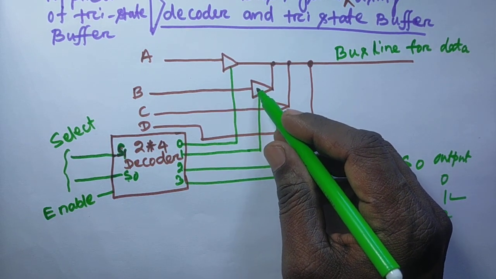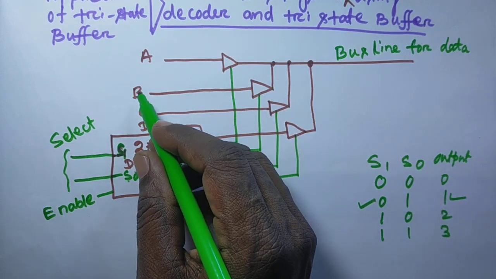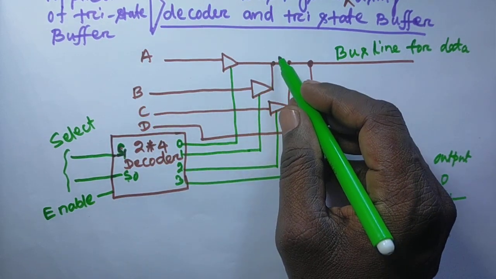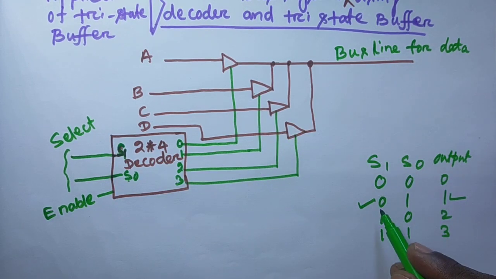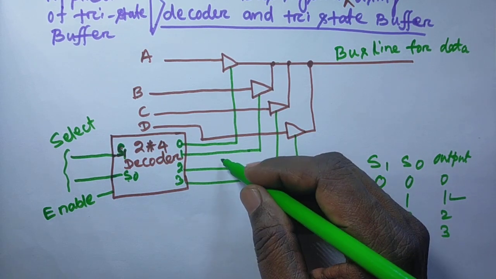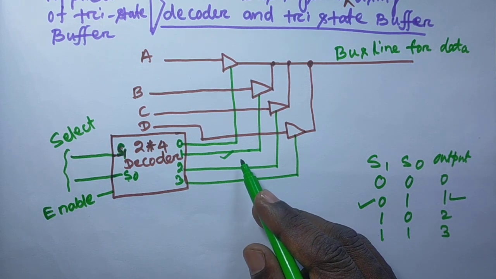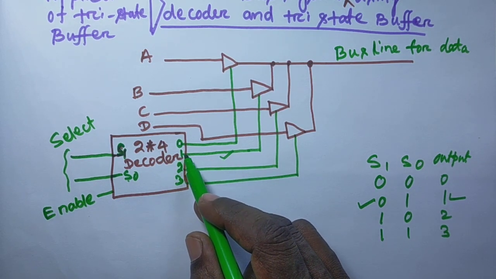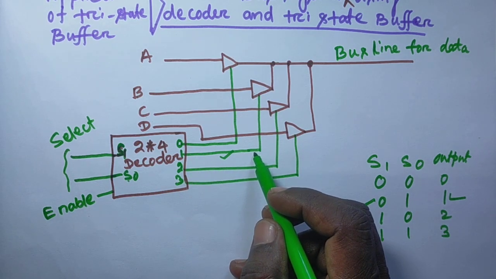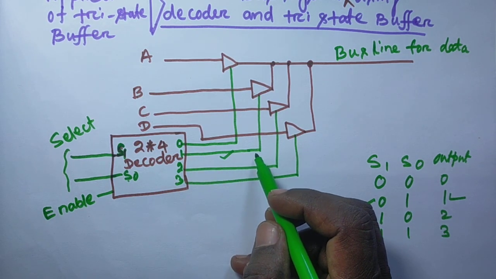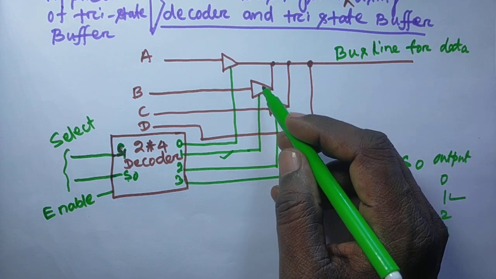Then this buffer receives the data from B and transfers the data to this particular bus line. Okay, in that case, suppose we consider 0 1, B data will be considered, and this particular line or connection, this tri-state, is activated to this particular buffer.